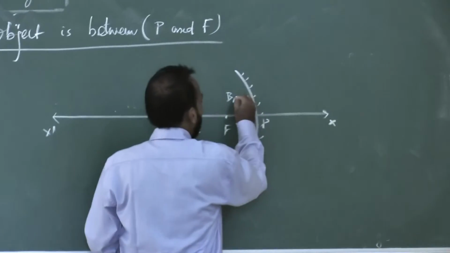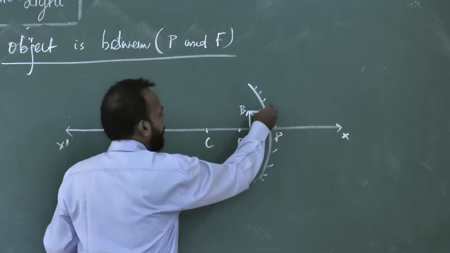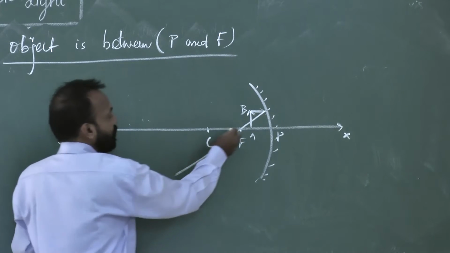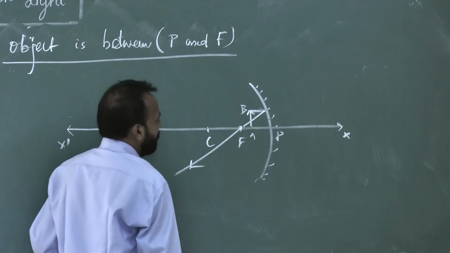One of the rays is incident on the mirror and the reflected ray passes through the focus. This is the reflected ray passing through the focus.